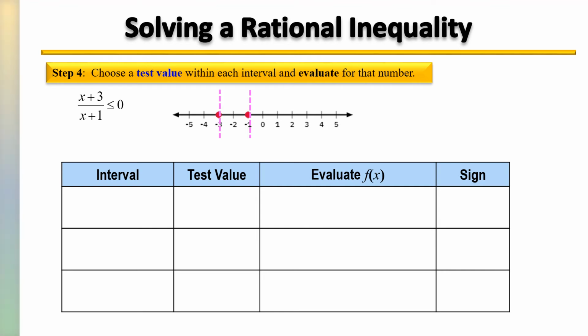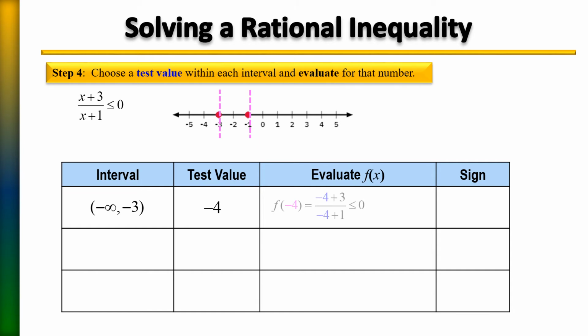In our first interval there from negative infinity to -3, I'm going to go ahead and choose to plug in -4. So into the given function, removing the x and replacing it with -4. In doing so, I can see that the top is going to give me a negative value, and so is the bottom.